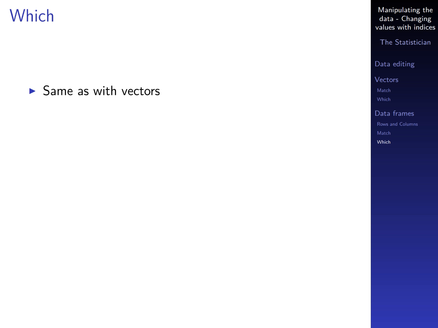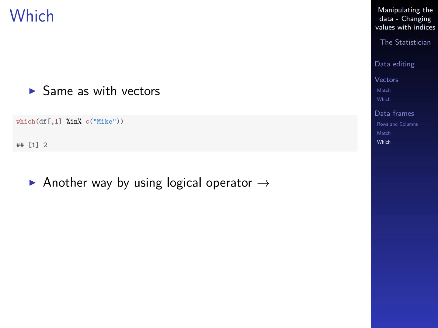And which function works like with the vectors. So first we have the data, all rows, column number 1 in value Mike. Right. Another way is to use logical operator.